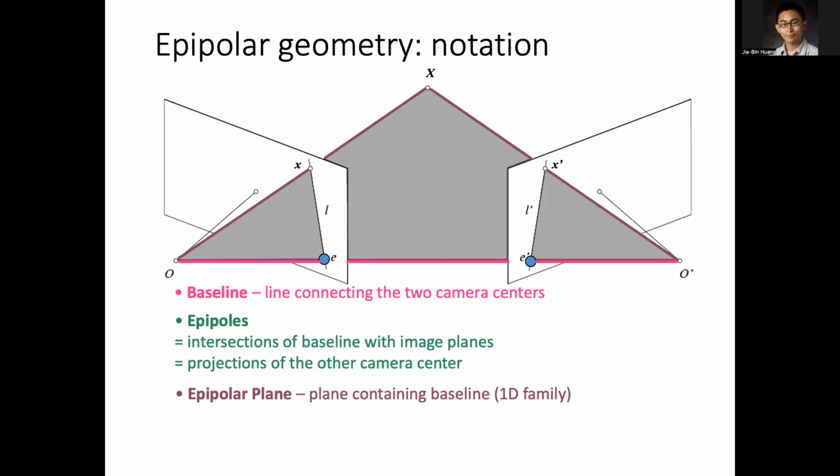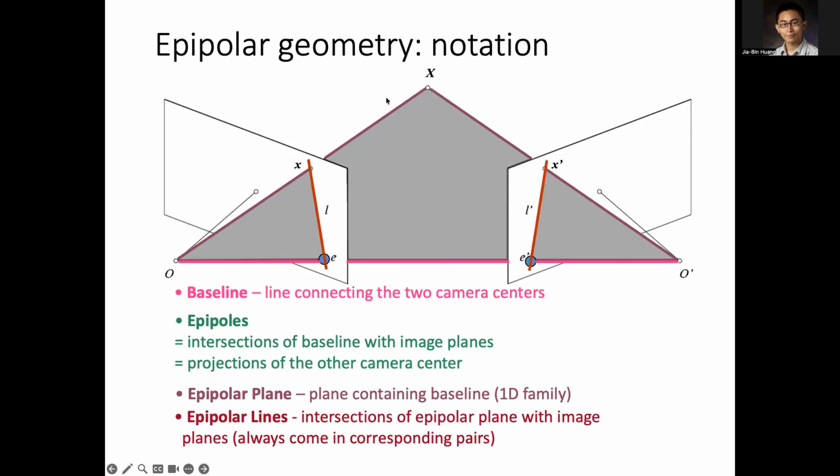Every point is on this epipolar plane, and the intersection between two planes is a line, right? You have this 3D plane and this 3D plane, and the intersection between these two planes is a line. That line is called the epipolar line. It's just some terminology, but you get an intuition from these figures alone.